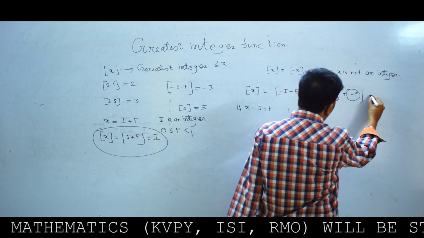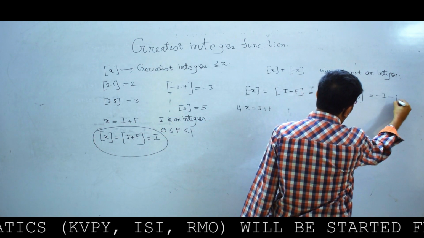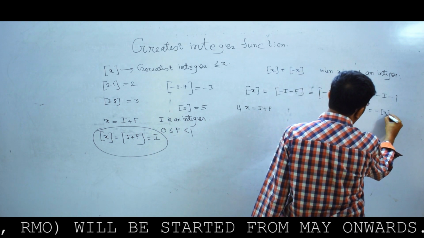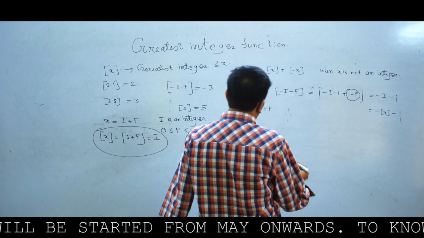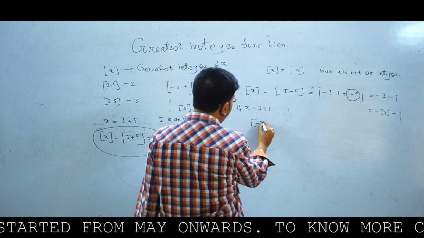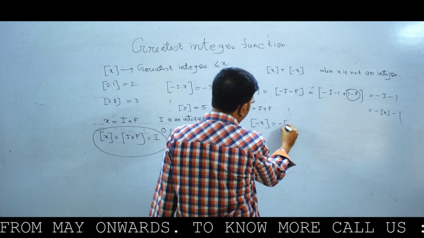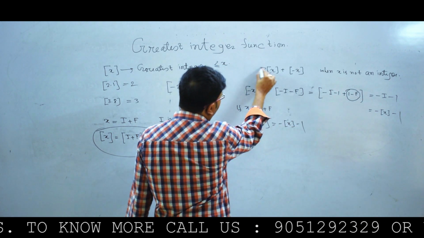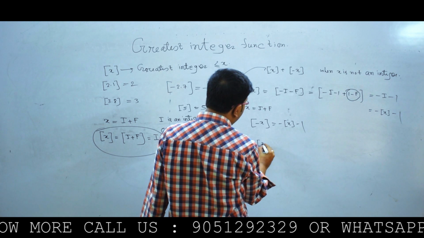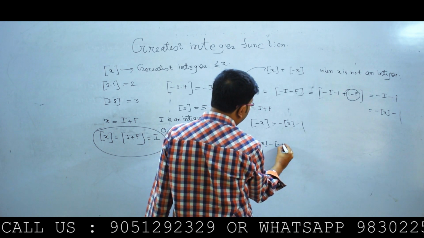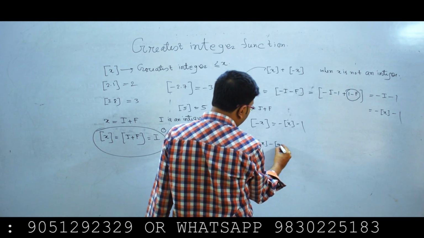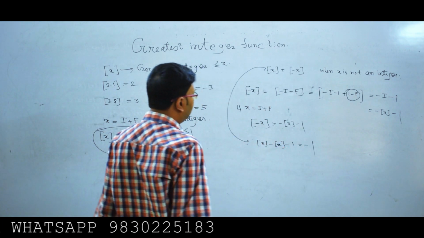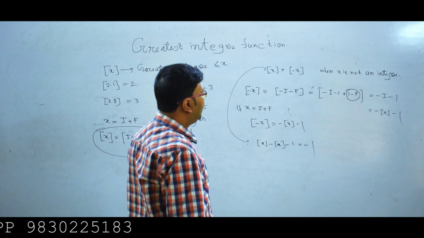Therefore, it is equal to minus I minus 1, which is equal to minus box x minus 1. So box of minus x equals minus box x minus 1. Therefore, the value of box x plus box of minus x is box x minus box x minus 1, which is equal to minus 1 when x is not an integer.